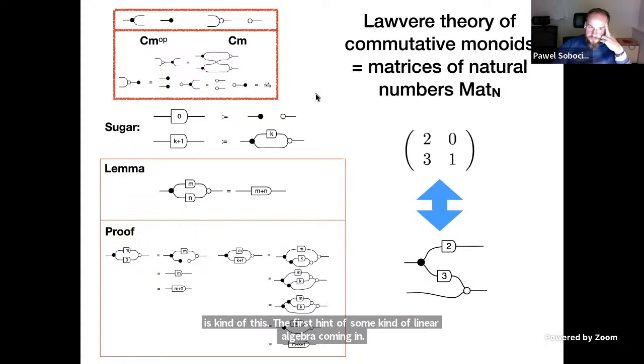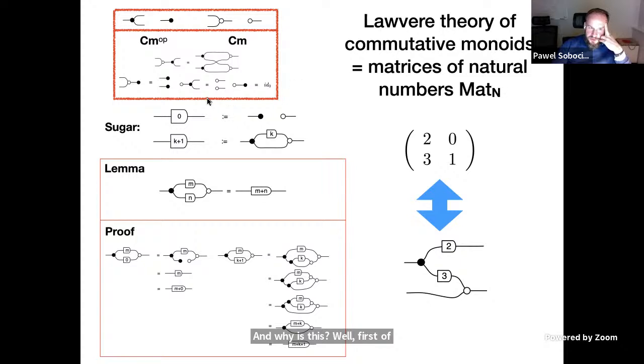First of all, I can give myself a sugar for natural numbers. I'm going to say that the co-unit followed by the unit is 0. And k plus 1 is k with this additional path, followed by the co-multiplication followed by a multiplication. What this syntactic sugar does is count the number of paths from left to right in a one-to-one diagram.